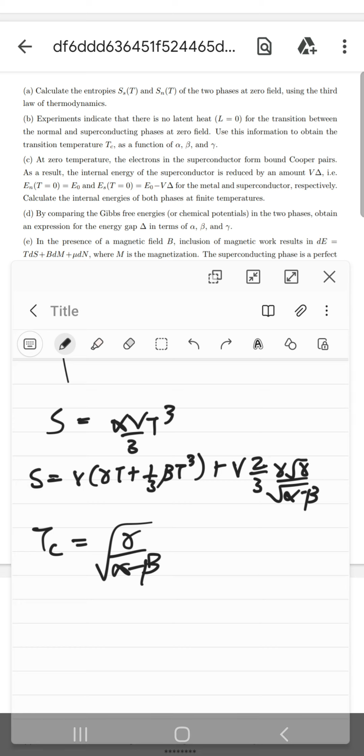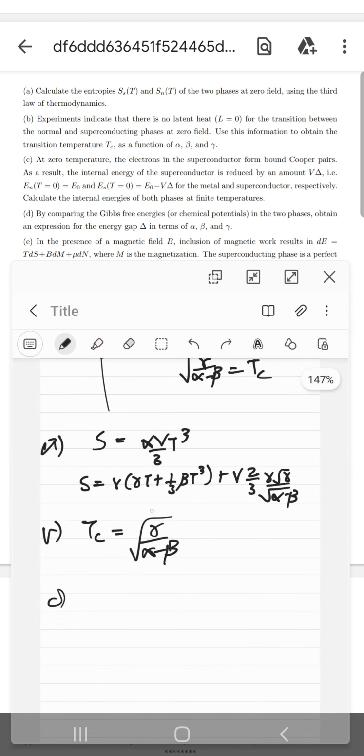No, this doesn't even make sense. Wait, so in that case, we should have probably used that fact that, well, this will. Okay, so apply the third law for the normal phase as well. That doesn't even make sense. Why would I do that? If we know for sure it will never reach T equal to 0.